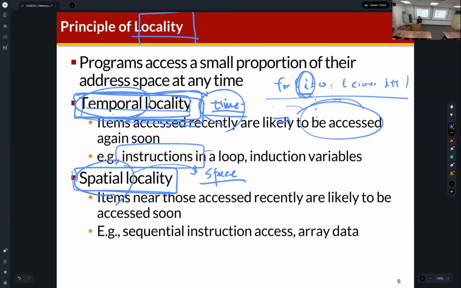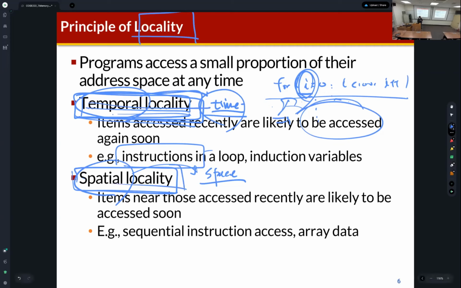So it's called temporal locality. Also, some variables like i, the index of the array, in the iterative loop this i is repeatedly used, repeatedly requested. This is temporal locality.